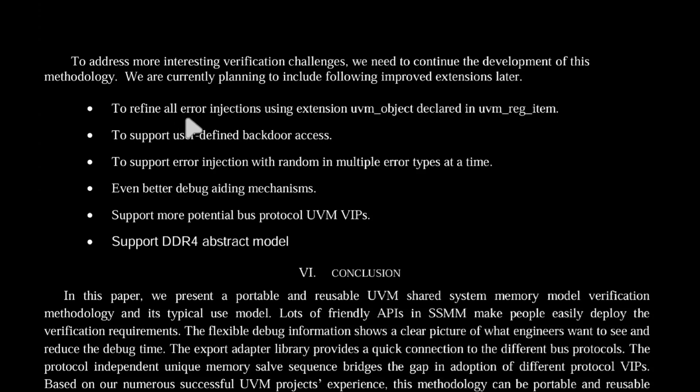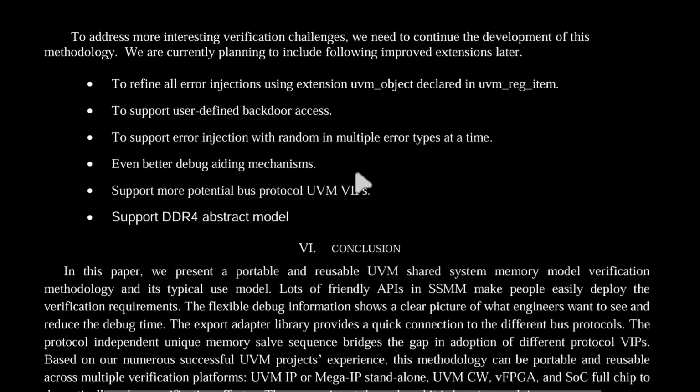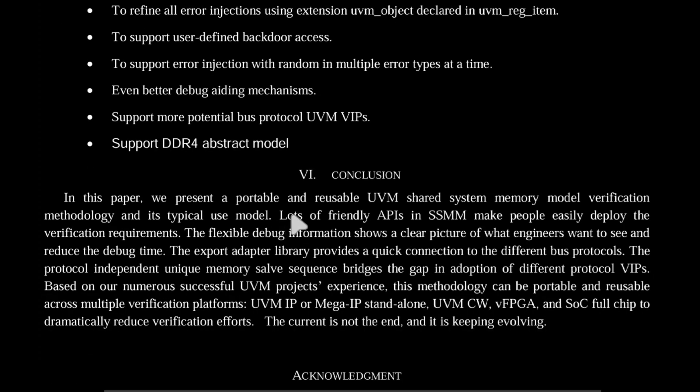To refine all error injection using the extension UVM_object declared in the uvm_seq_item to support user-defined backdoor access, and to support error injection with multiple random error types at a time. Even better debug aiding mechanisms. Support more potential bus protocol UVM VIPs. Support the DDR4 abstract model.